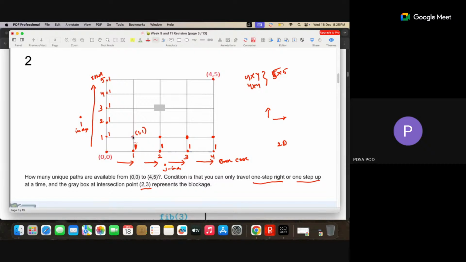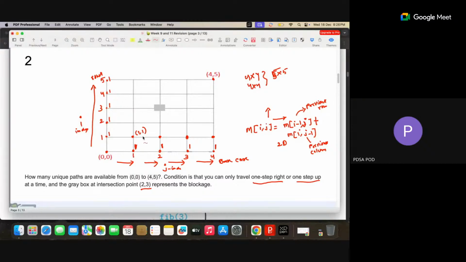Let's consider these the different ways, and call this matrix M. To calculate the current cell I and j, I do the matrix of I minus 1, j value plus matrix of I, j minus 1. So I minus 1 is the previous row, and j minus 1 is the previous column value. So the previous column value, previous row value.